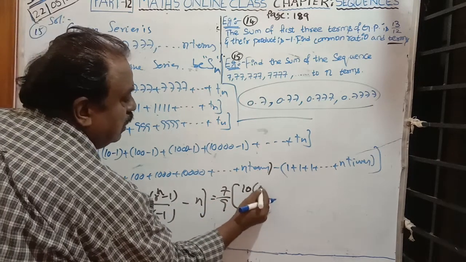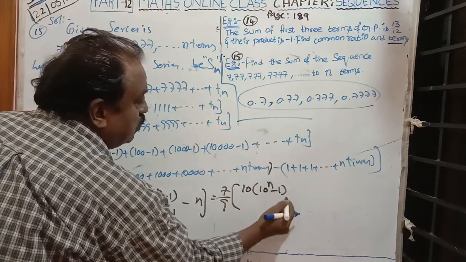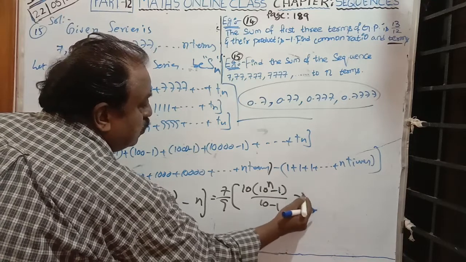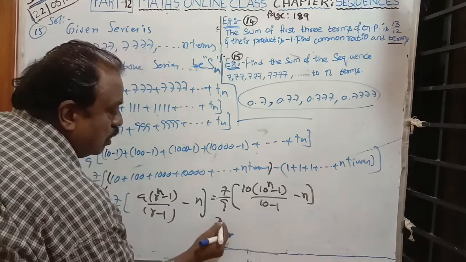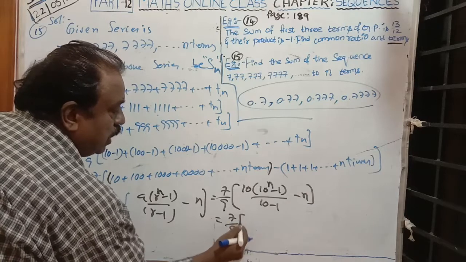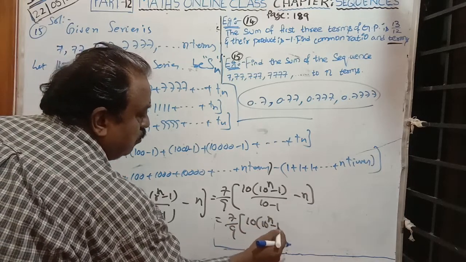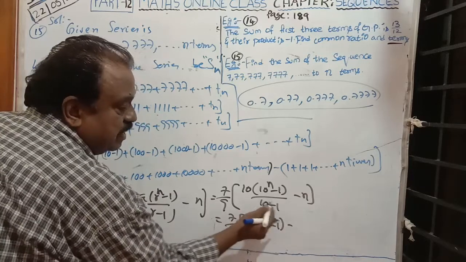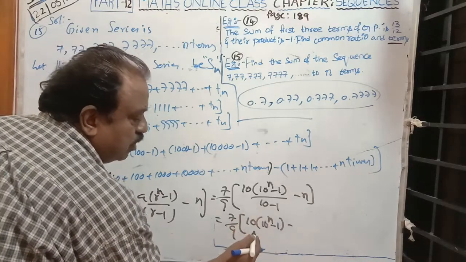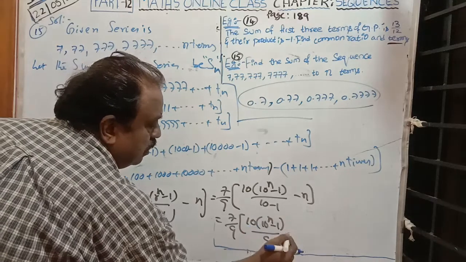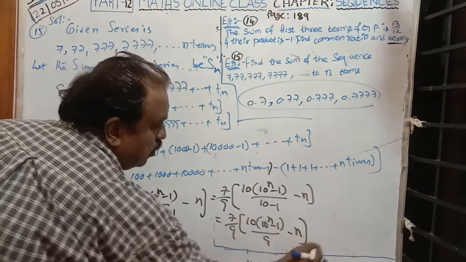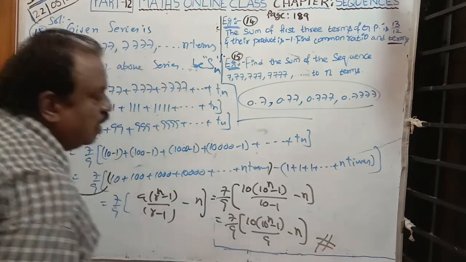So it is 10 of 10 power n minus 1 by 10 minus 1, minus n. It is 7 by 9 of 10 of 10 power n minus 1 by 9, minus n. So this is the answer.